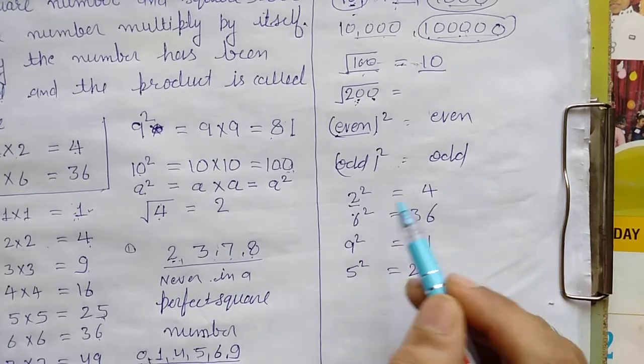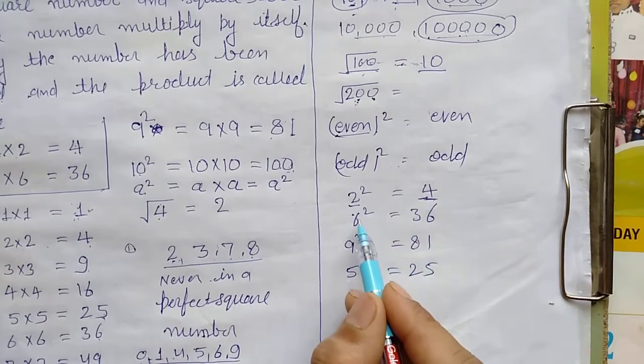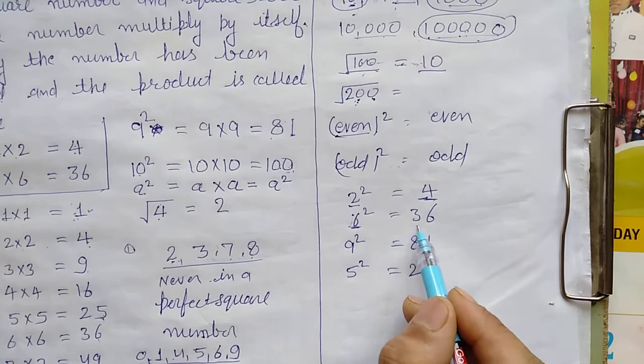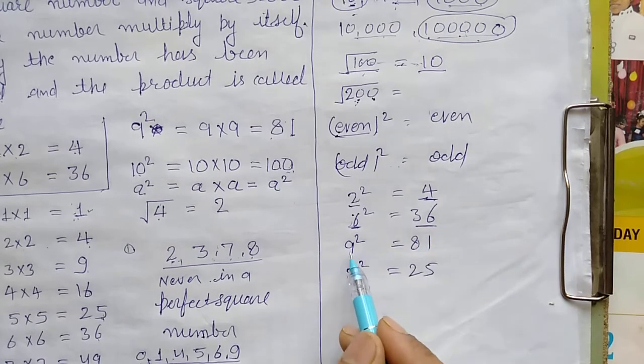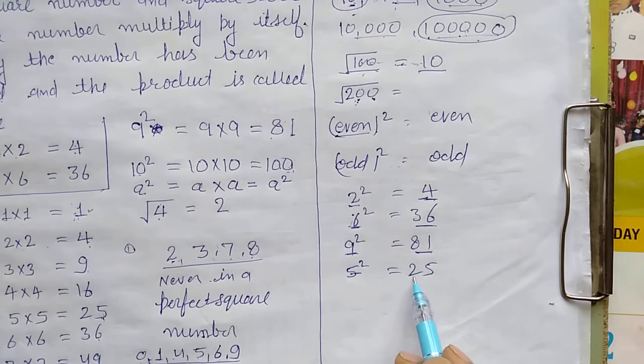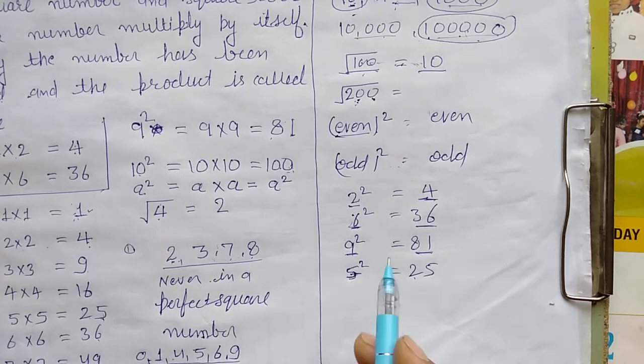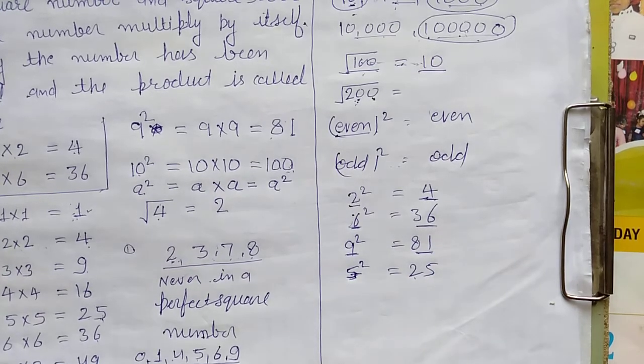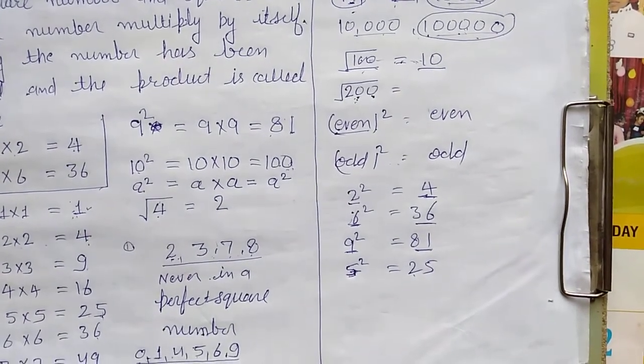Now see, this is an even number, so the square is also even. This 6 is an even number, so the square is also even. This is odd, so the square is also odd. This is odd, square also odd. This is the next property of the same.